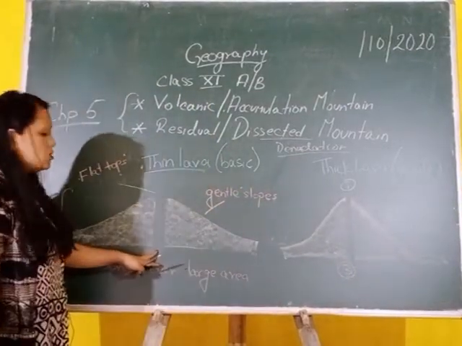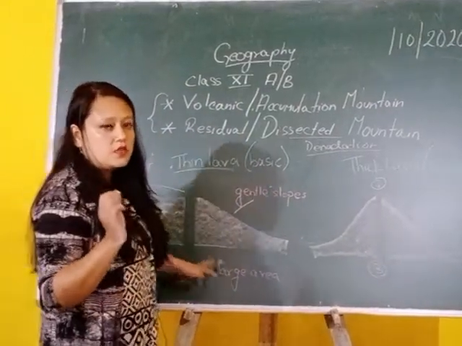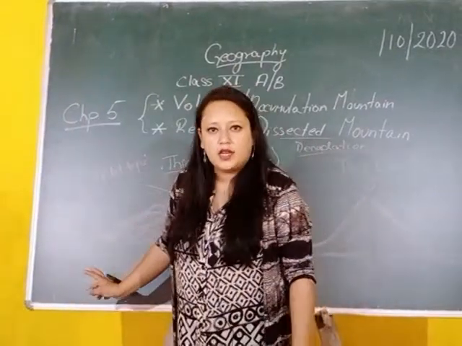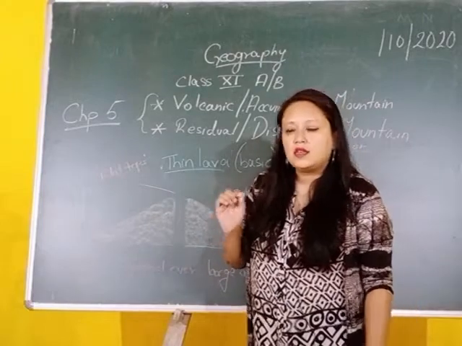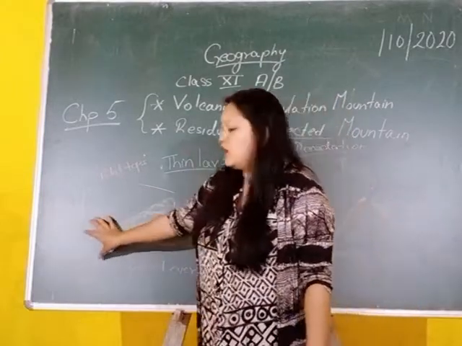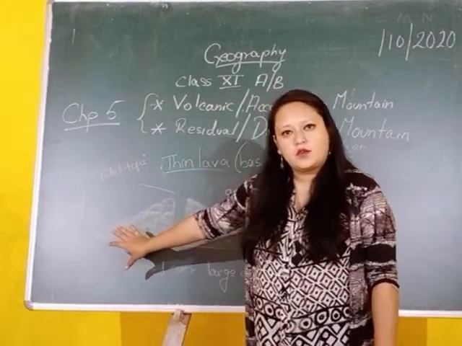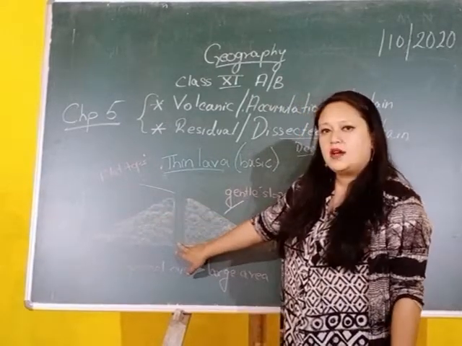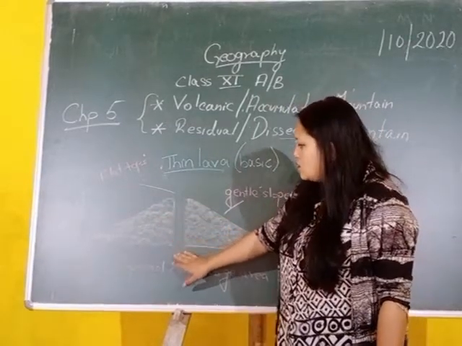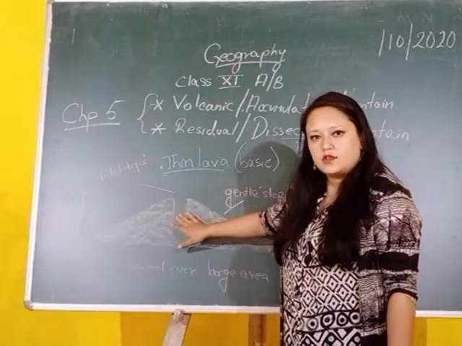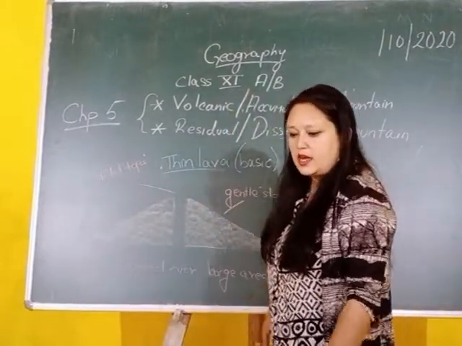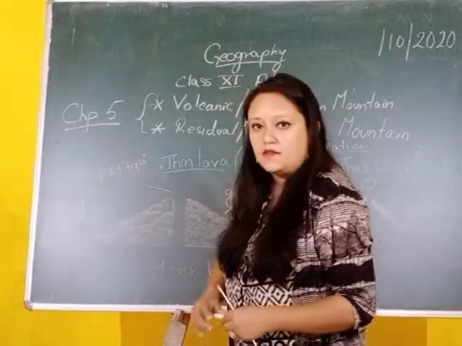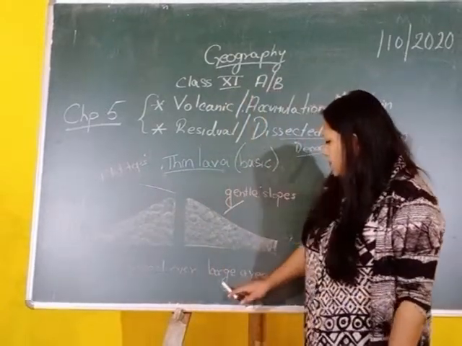Because the lava that comes out of this type of volcano is extremely thin, and thinner liquids spread over a larger area, as soon as it comes out of the surface it flows over a larger area. So the area covered by these volcanoes is extremely large.